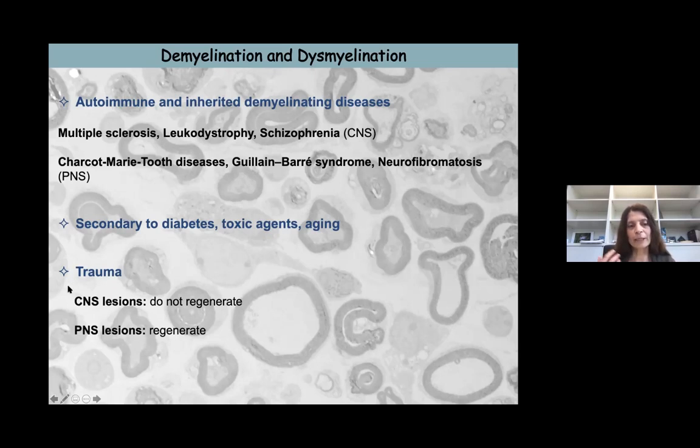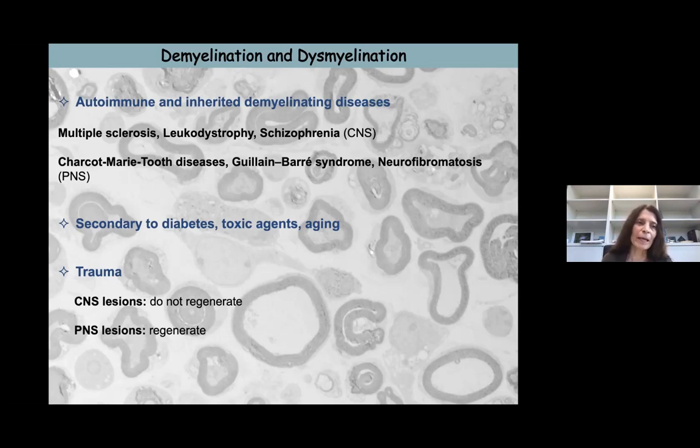In the central nervous system, the lesions do not regenerate, or regenerate very poorly. In the PNS, in contrast, there's very good regeneration.